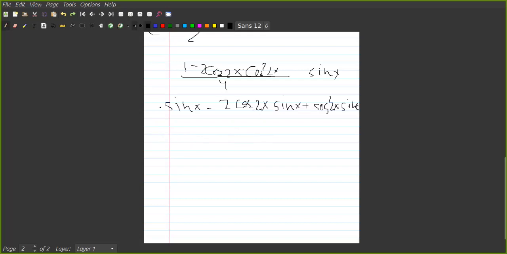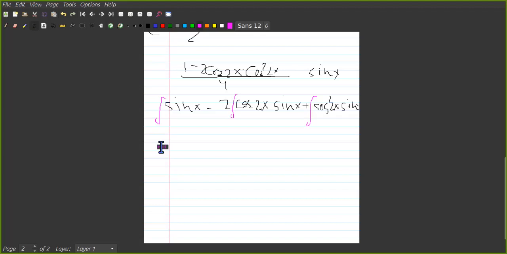Just put the integrals: one integral here, one here, and one here, cosine squared. So now I'm going to write. Let's leave the first one last.